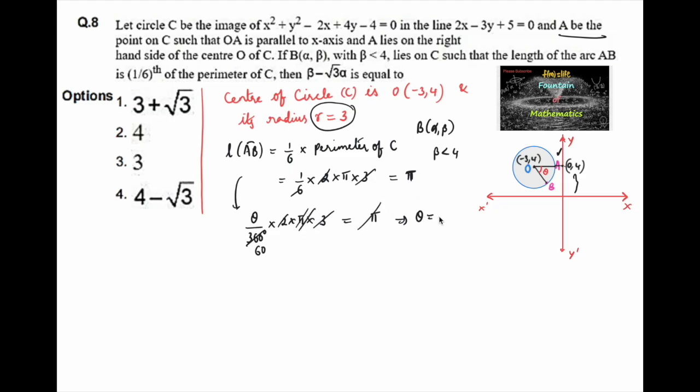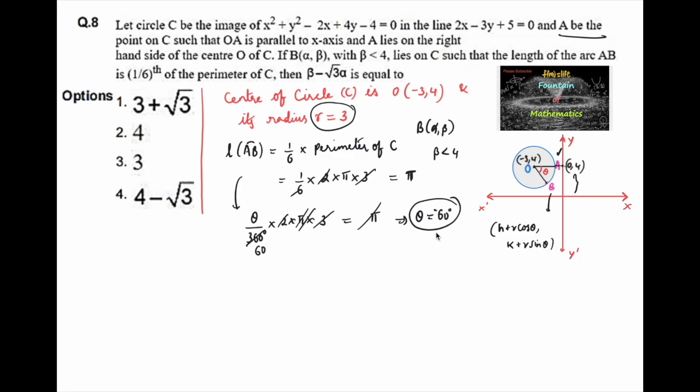So here we can write angle theta is equal to 60 degrees. When the angle is 60 degrees and it's below, let us consider the angle as negative 60 degrees, and the parametric coordinates of the point B we can write as h plus r cos theta comma k plus r sin theta.